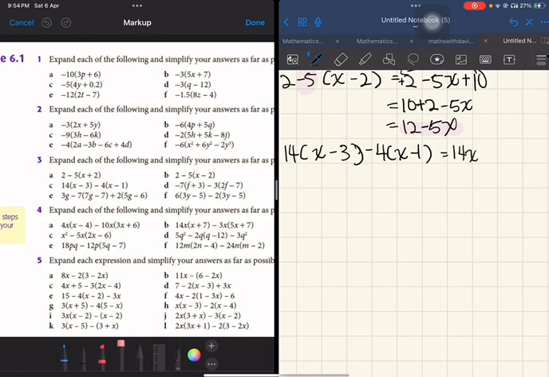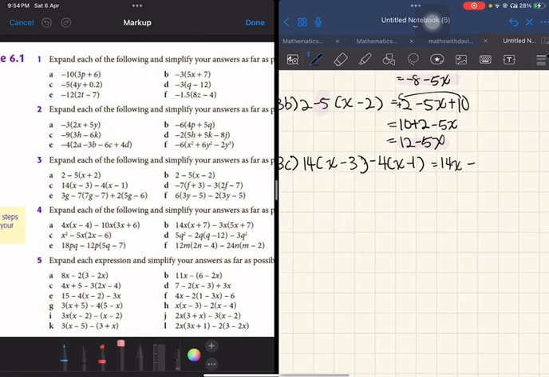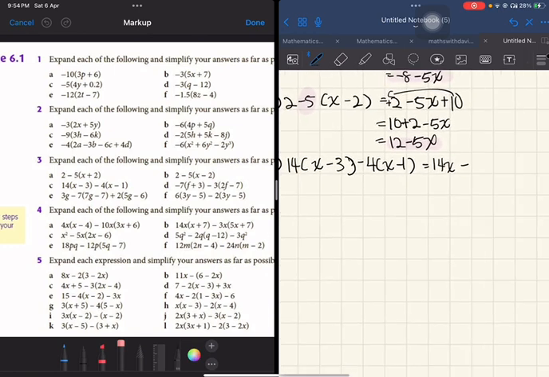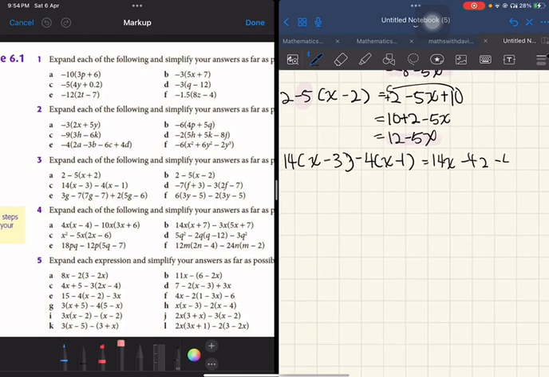And then subtracted by 14 times 3, you're going to get 42, and then it is still going to be a minus sign. Minus 4x, negative 4 times negative 1, you're going to get positive 4. Okay?